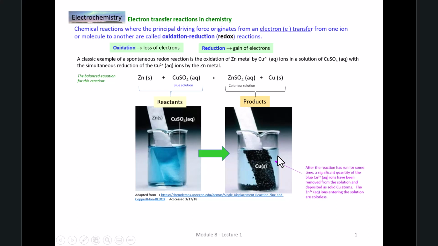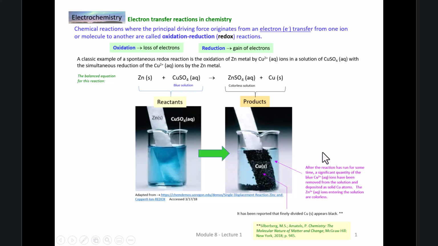The reason the solution's a lot lighter is that copper 2+ ions are what give the solution a blue color. The copper 2+ ions are being deposited on the zinc electrode as copper metal, so they're leaving the solution, so the solution becomes lighter blue. Eventually it would go colorless because zinc sulfate, when dissolved in water, has no color.